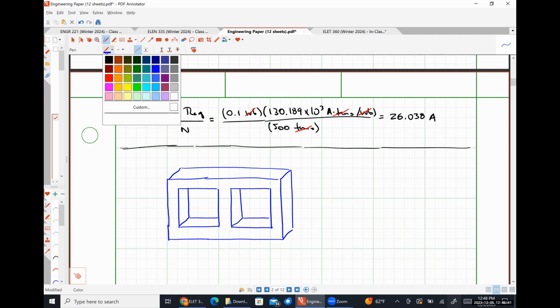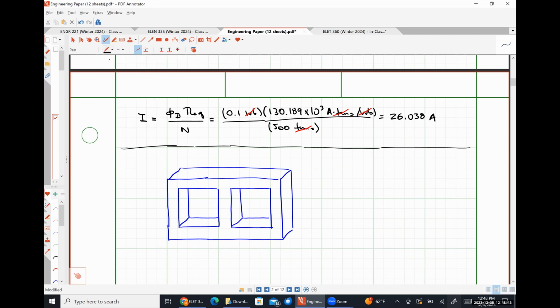And my coil is going to be wrapped around this central leg and has N turns.